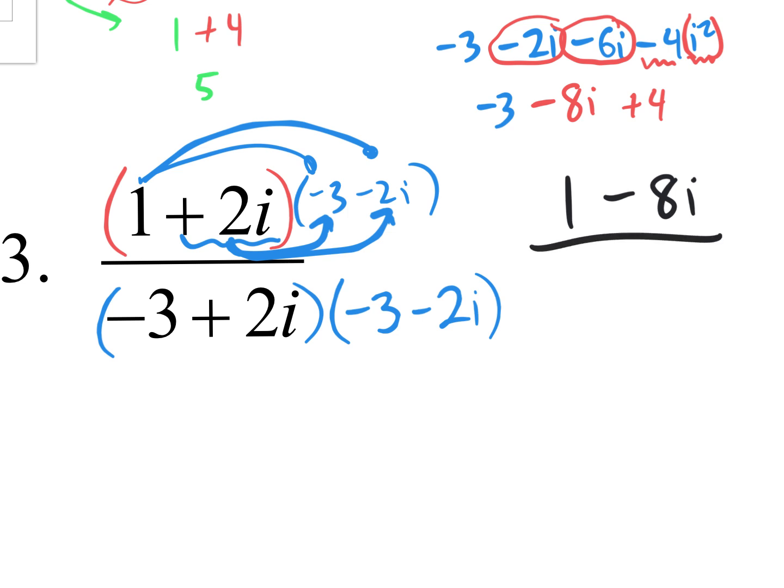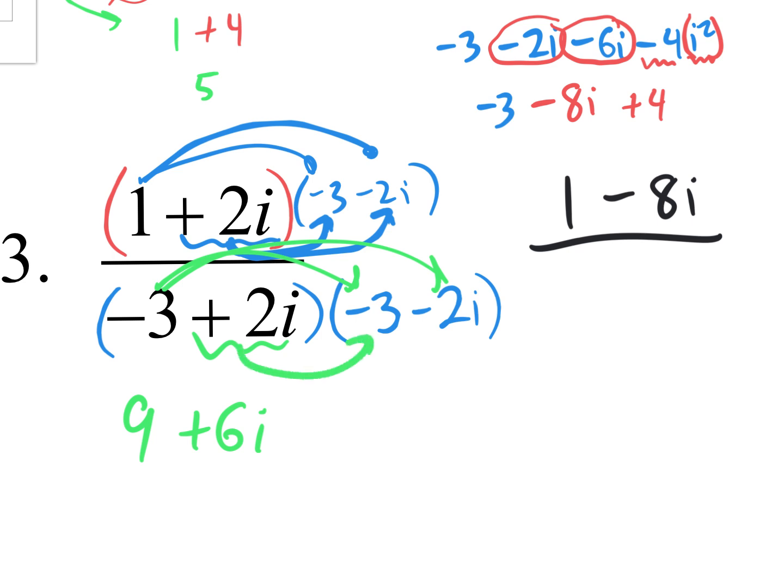And that is over, and let's figure out what's on the bottom by doing the math. -3 times -3 is positive 9. -3 times -2i is positive 6i. Positive 2i times -3, that's a -6i. Positive 2i times -2i is a -4i squared. The middle terms are exact opposites. They do eliminate.